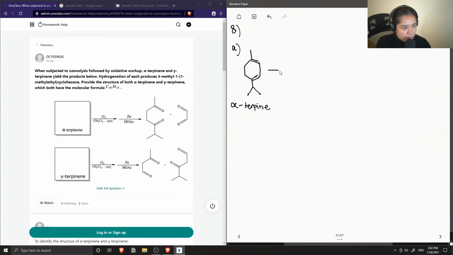So now, when this undergoes ozonolysis, these are the conditions for an ozonolysis reaction, plus zinc.